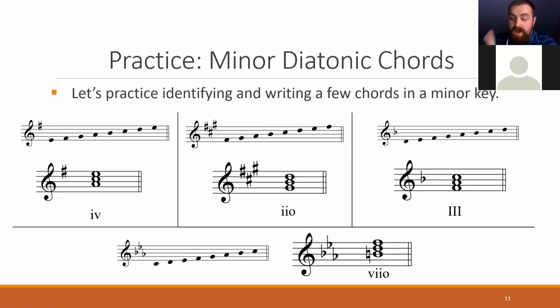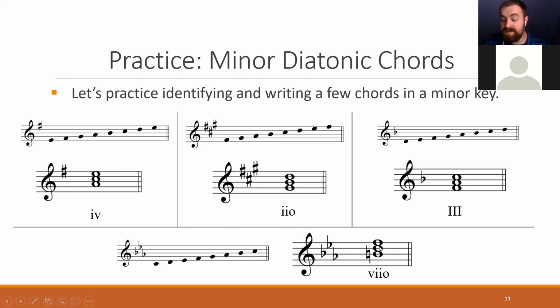What that means for the 7 chord is that if we raise up B flat up to B natural, we've now changed the root. We have raised the root from B flat to B natural. And the ramifications of that make this a diminished chord instead of a major chord.